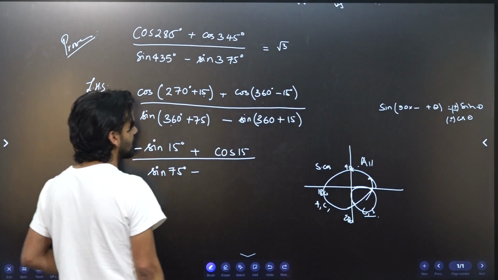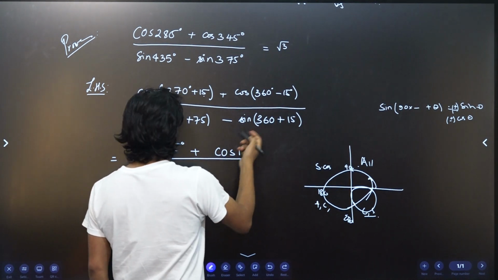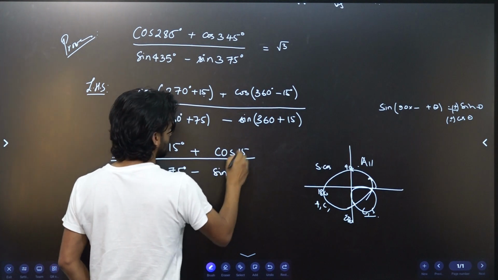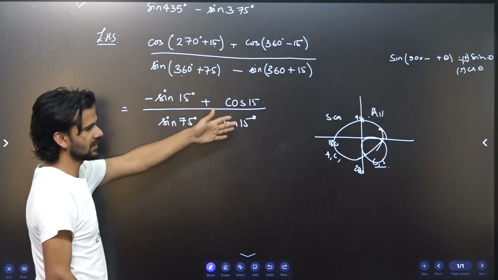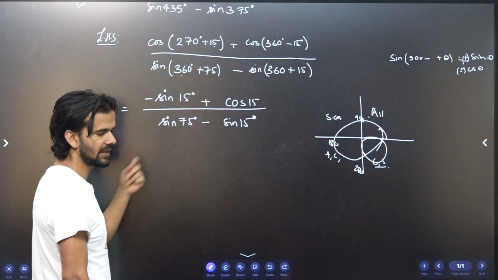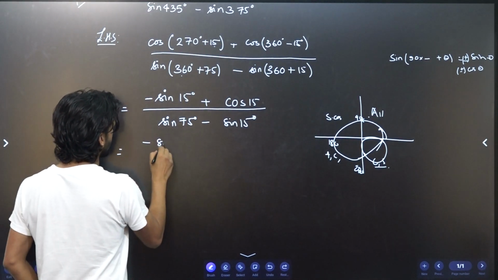Minus sine 360 plus 15, in the first quadrant, so minus sine 15, positive. All of them are in 15 degrees except sine 75, but this one also can be changed into 15 because 75 is 90 minus 15. So let's do that as well.